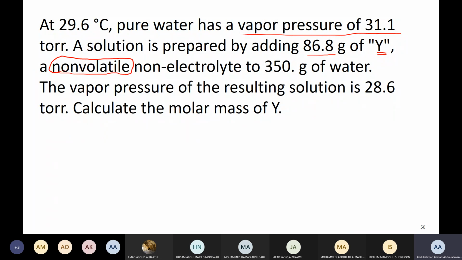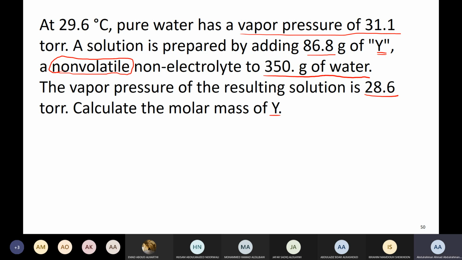This means the pressure is only from the solvent. The vapor pressure of the resulting solution is 28.6. Calculate the molar mass of Y.